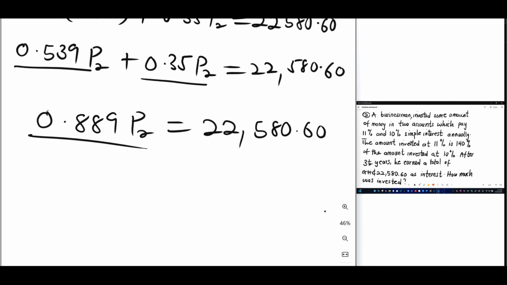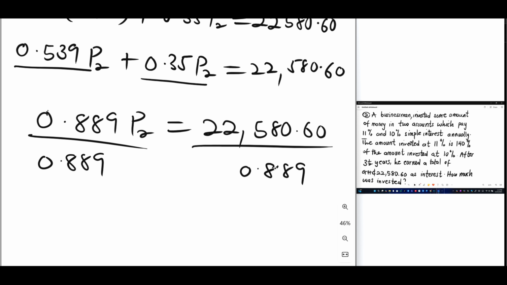So we now make P2 the subject. We divide through by the coefficient of P2, which is 0.889. So we divide 22,580.60 by 0.889.